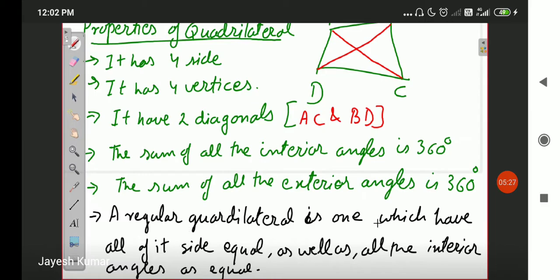So that is what a regular quadrilateral is. In some books, a regular quadrilateral is told to you as a quadrilateral in which sides are equal but angles are equal as well. Square is the example for that. So these are some basic properties of quadrilaterals.